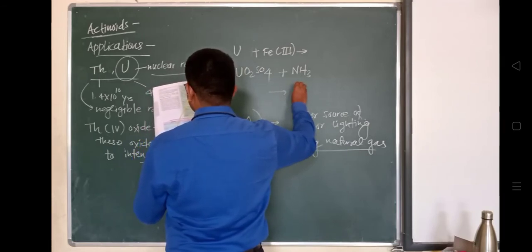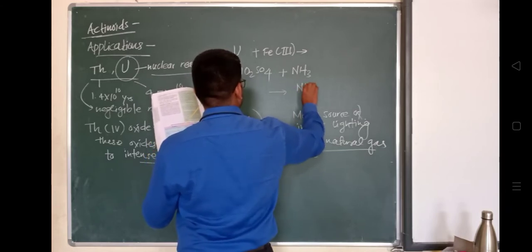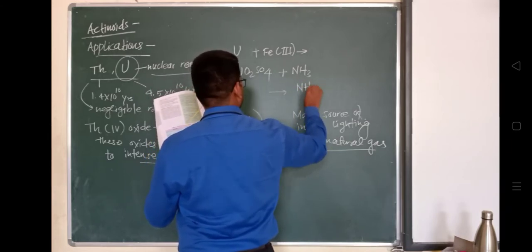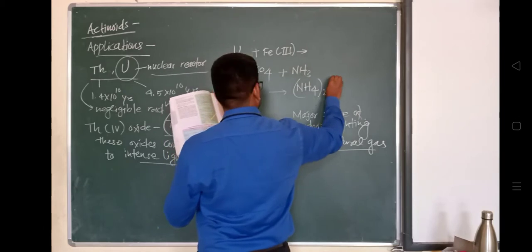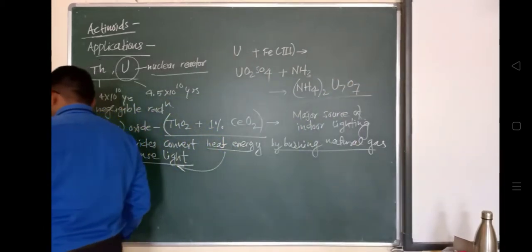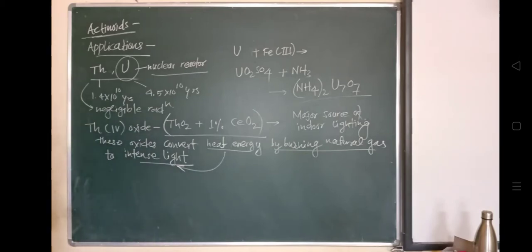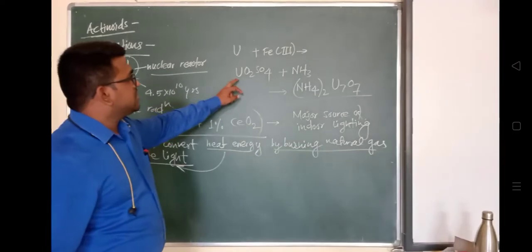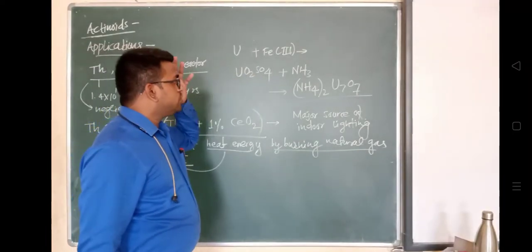So this was additional information about uranium. When it combines with H2SO4 and then with ammonia, it gives rise to ammonium diuranate.